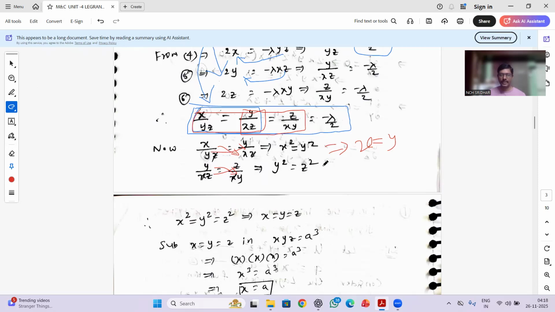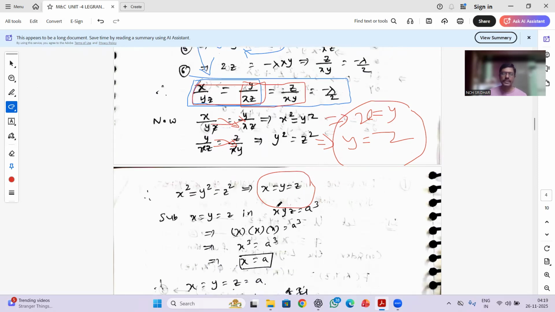So y square is equal to z square gives us y is equal to z. Okay, students, so x is equal to y is equal to z. We got the relation x is equal to y is equal to z.